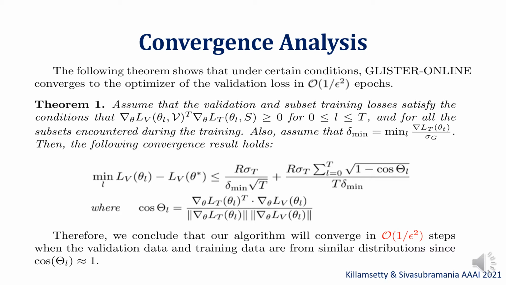So we expect that the angle between the subset training gradient and validation loss gradients will be close to 0. So therefore we would expect cos theta to be roughly or tending to 1.